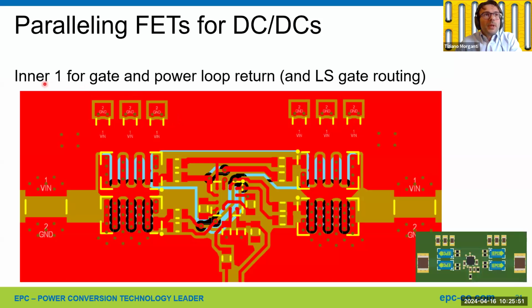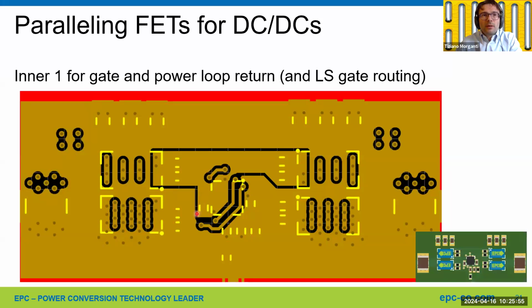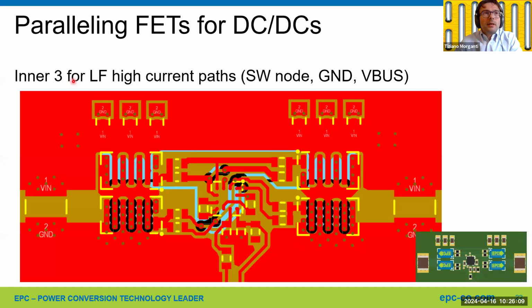So inner layer 1, we used it for the high side gate drive return and for the power loop return. Inner layer 3 is used for basically low frequency, high current paths like the switching node, ground, and VBUS.